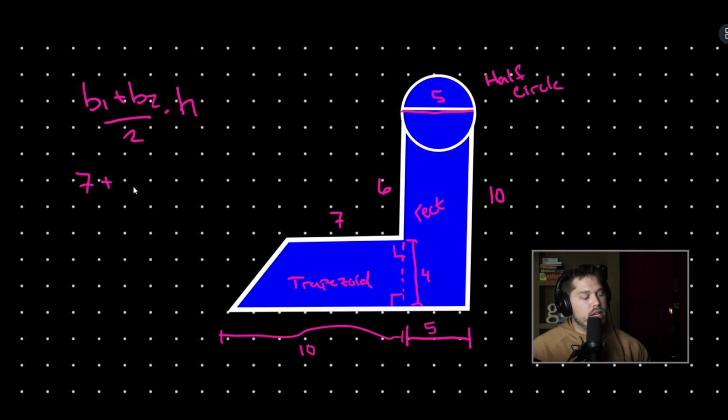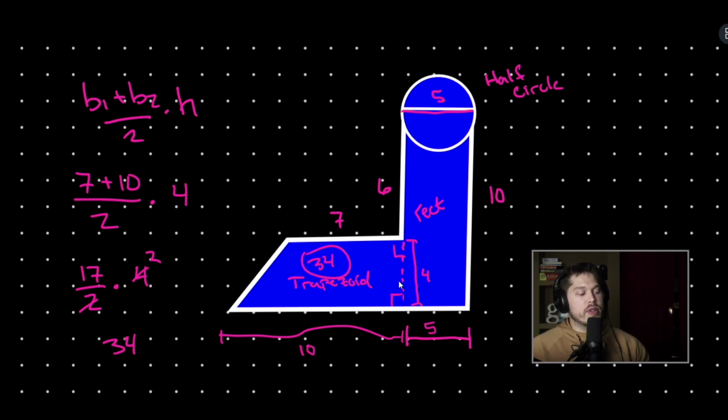Our base 2 is 10. We're going to divide that by 2 and multiply by our height of 4. So 7 plus 10 is 17. So we have 17 divided by 2 times 4. Of course, a 2 cancels with one of the 2s here, and we're left with 34. So this trapezoid has an area of 34 square units.